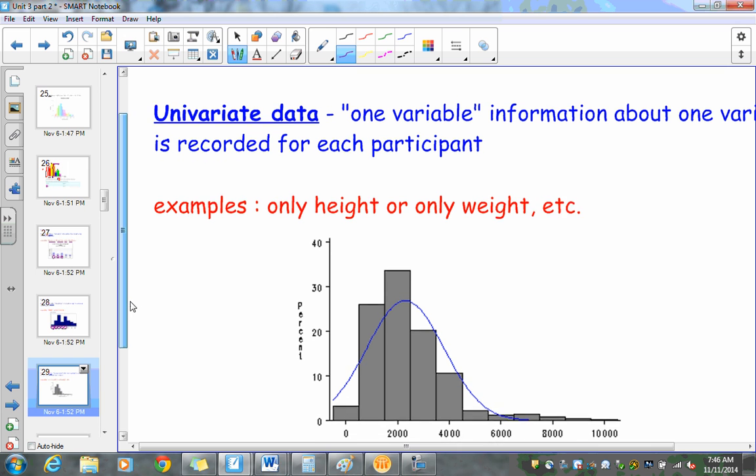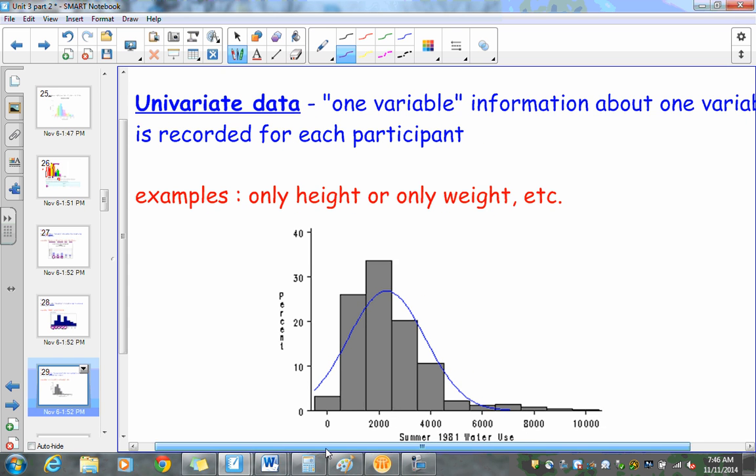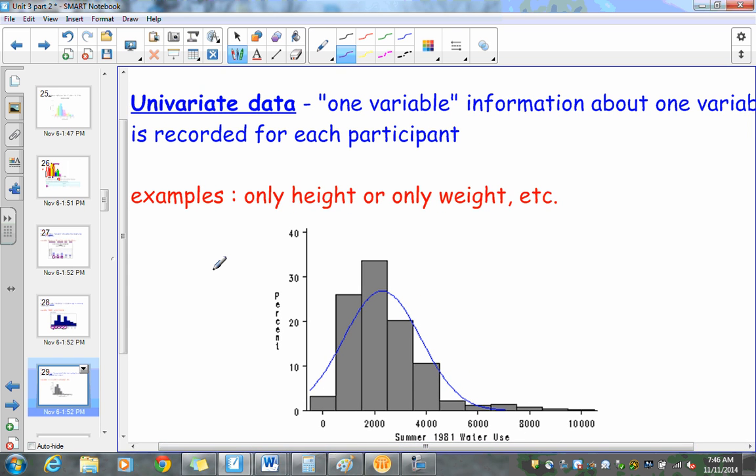Univariate, I don't think I pronounced that right, but one variable is where you're only using one thing to get information on. Now, of course, this is an example here, but let me use the examples I wrote. It's like if you are only using height or only using weight to determine the information or distribute the information.